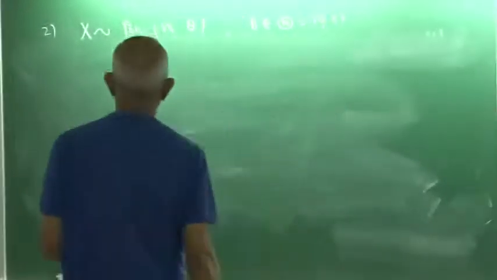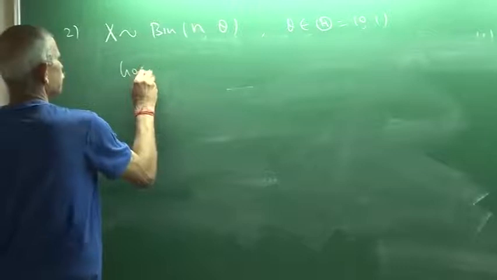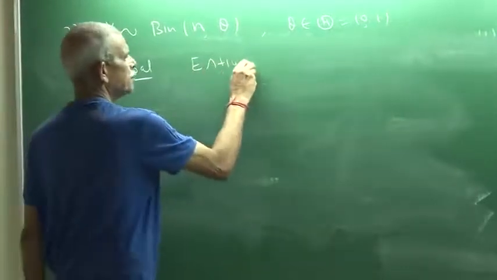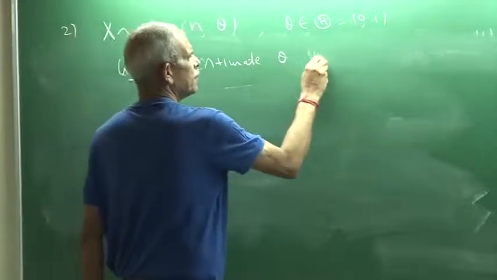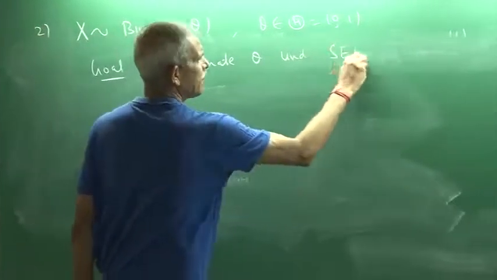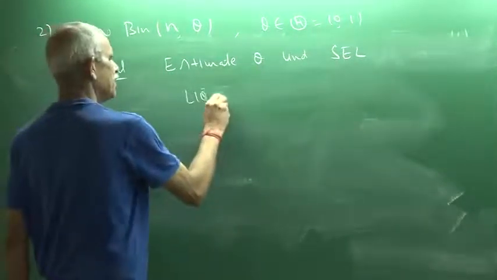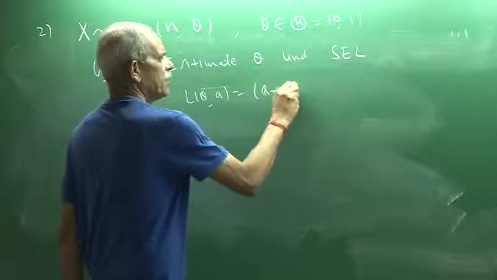Goal is to estimate theta under square error loss function. Under SEL, which stands for square error loss, L of theta, A, which is A minus theta whole square.